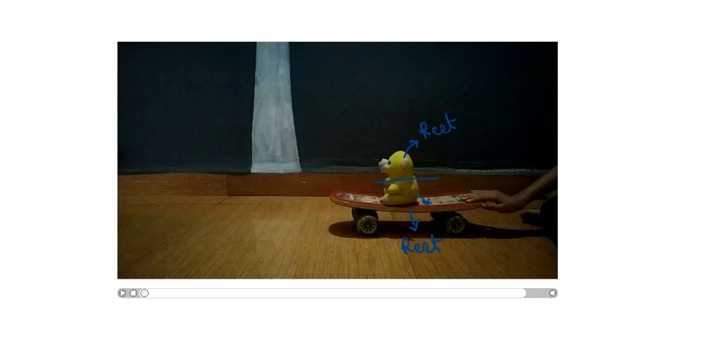As an external force is applied in the forward direction, the body part in direct contact with the skateboard will come into action and move towards the direction of force.